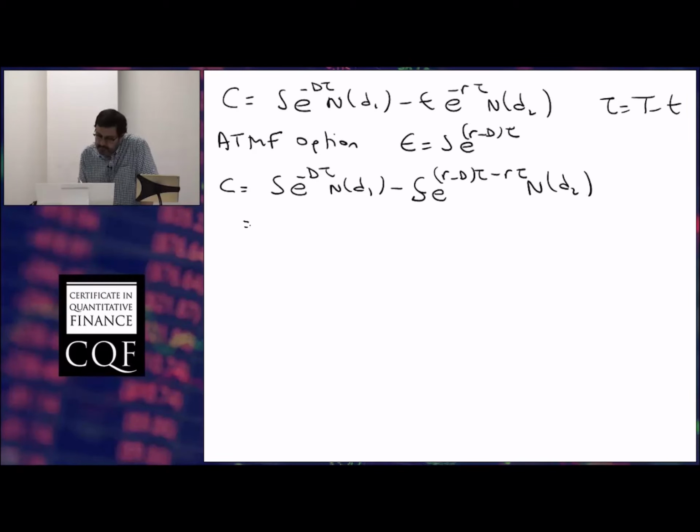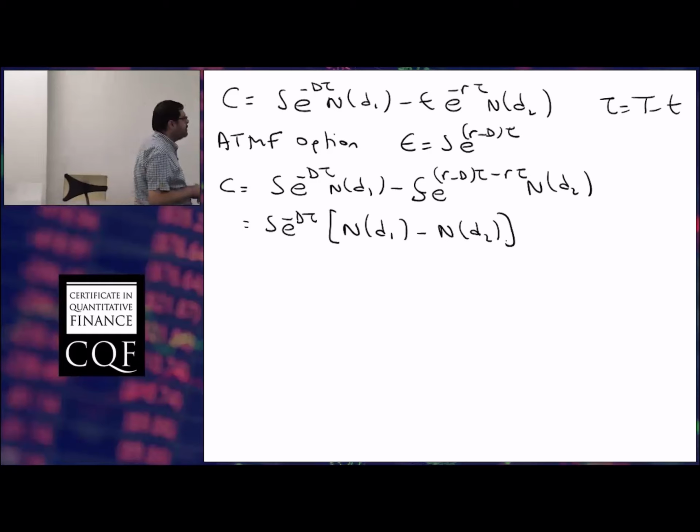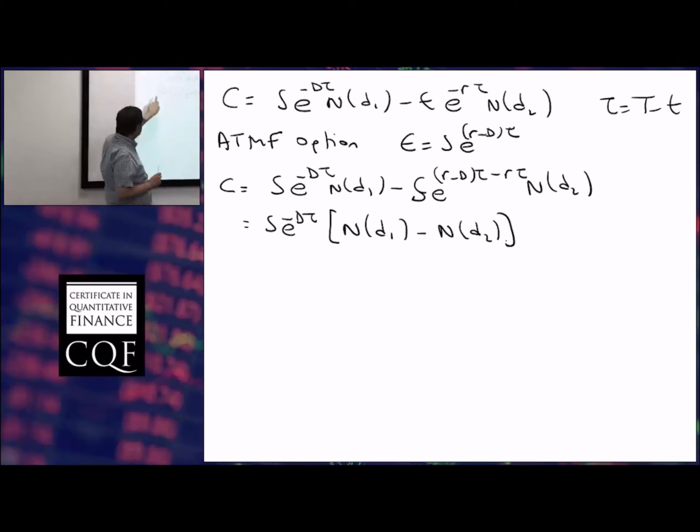So it becomes S e to the minus d tau times N(d1) minus N(d2). This is what the price of an at the money forward option would look like.